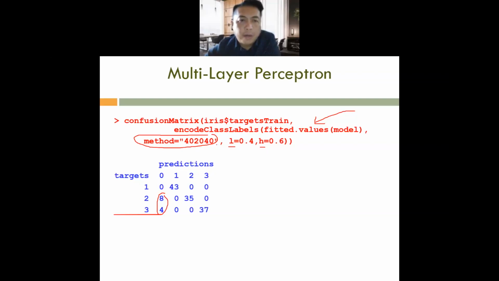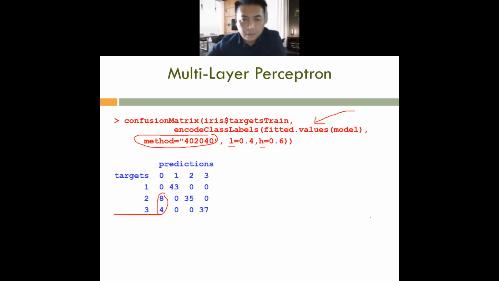So the range of values is many. It depends on the parameter. So I advise those who are doing prediction using neural network or perceptron, you list out all the parameters and all the ranges of values that you want to test, and you perform a combination of those parameters. It will take a longer time, but that's worth one FYP for your final year project.